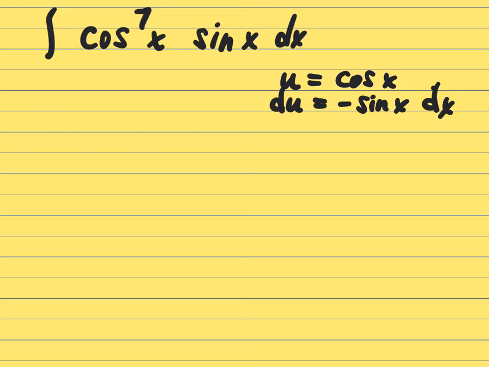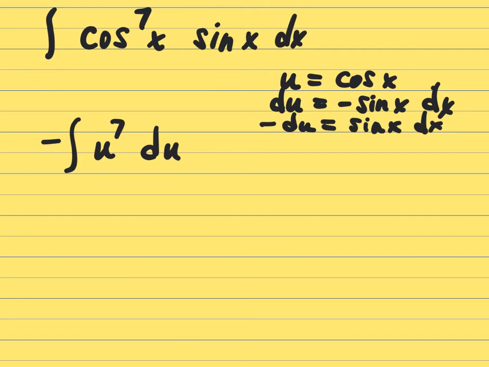I'm going to move the negative over with the du side, so we'll have negative du equals sine x dx. Okay, so when you go back to the main flow of the problem, we're going to have negative integral u to the 7th du, which will have a friendly antiderivative.